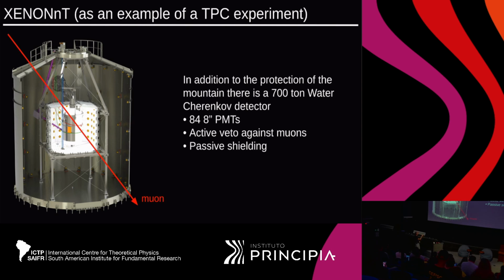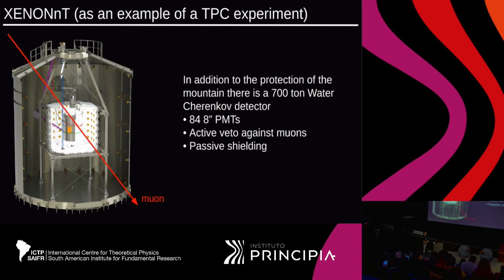So that light will be seen by these 84 photomultiplier tubes that are looking in, and you will be able to tell whenever a muon goes through your system. And that is very important because muons can produce cascades and can give you other issues inside your sensor. So you use this to tag sometimes in which a muon came through, and then you veto all the data that was collected during this time window. So you have a much cleaner sample.